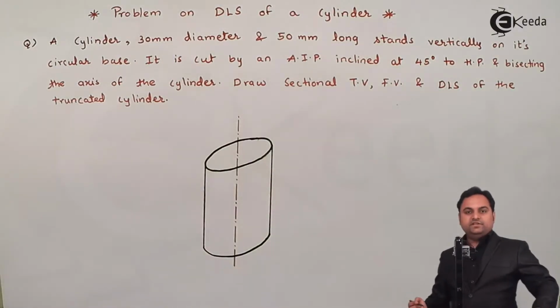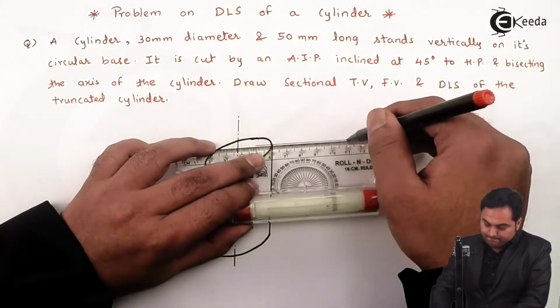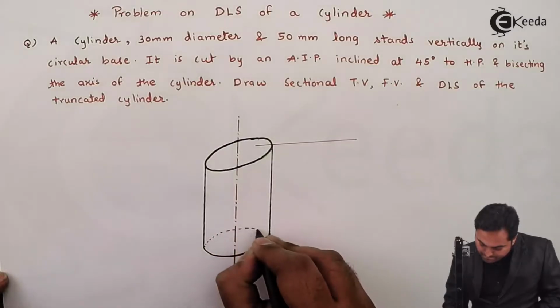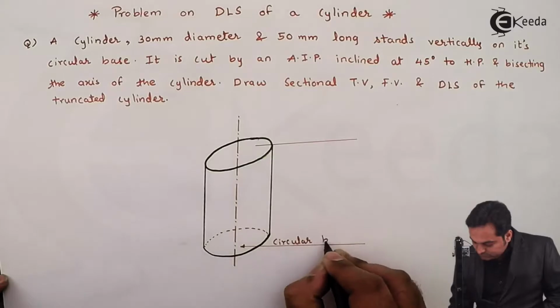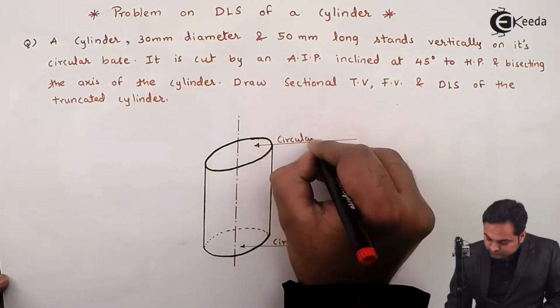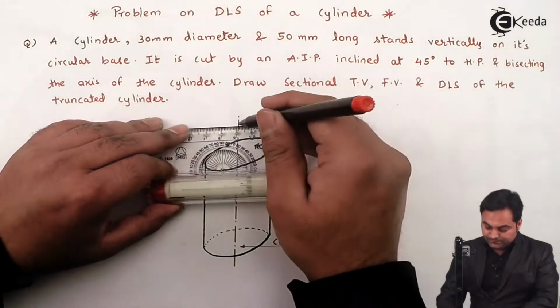So here is a cylinder. It has a circular base and circular top. Then this is the axis of the cylinder.